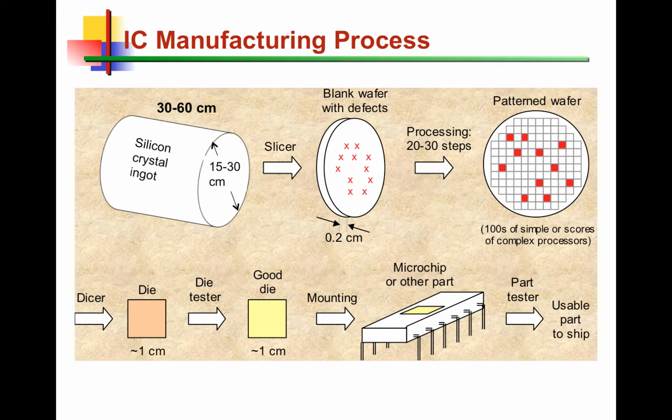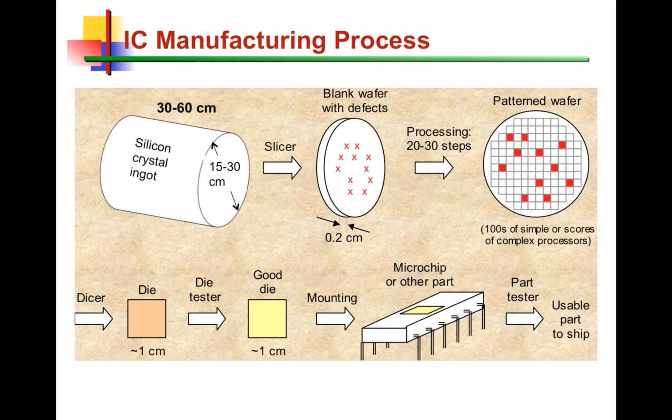Let's first understand the IC manufacturing process so that we have a better understanding of what VLSI testing tries to accomplish. In IC manufacturing, we start with a silicon material, and then it's sliced into wafers. These plate-shaped wafers are then exposed through a mask to UV light, and a pattern is engraved on these wafers.